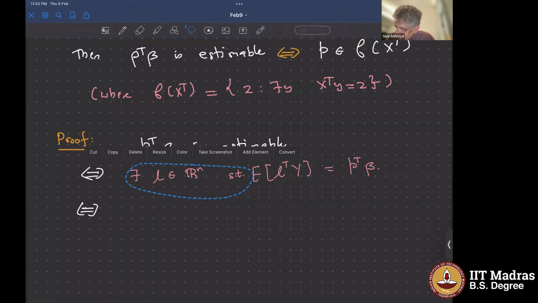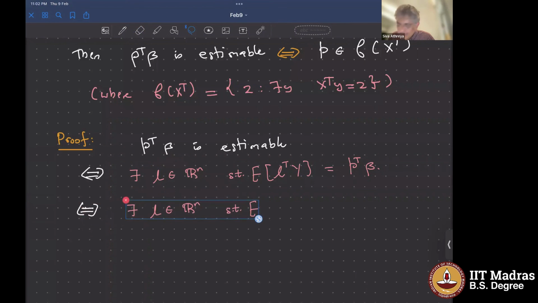there is an L in Rn such that, so what is E of L transpose Y? We know E of Y is X beta, so E of L transpose Y is just L transpose X beta, by linearity of expectation. It's the same as P transpose beta.